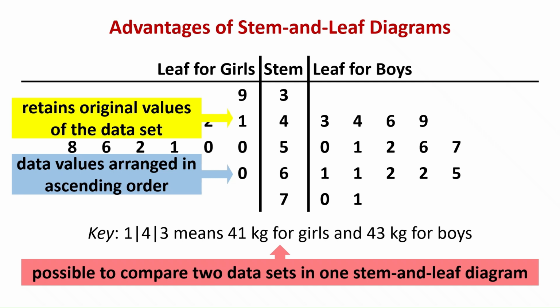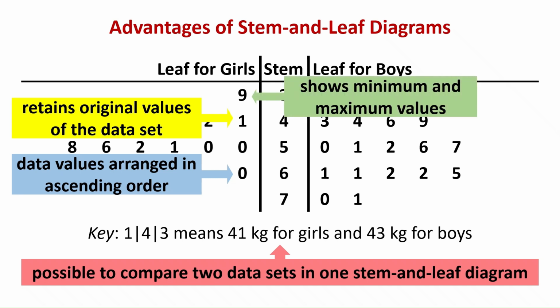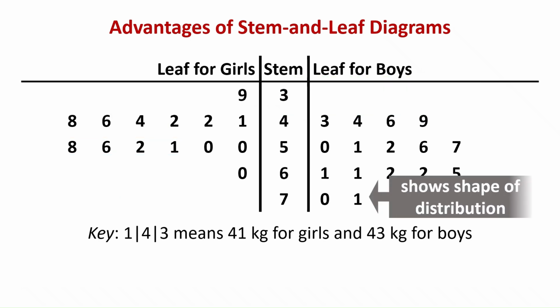Thus, it will show the maximum and minimum values of the dataset clearly. And stem and leaf diagrams also show the distribution of the dataset. For this dataset, we can see that the girls are mostly 40 to 50 plus kg, while the boys are mostly 50 to 60 plus kg.